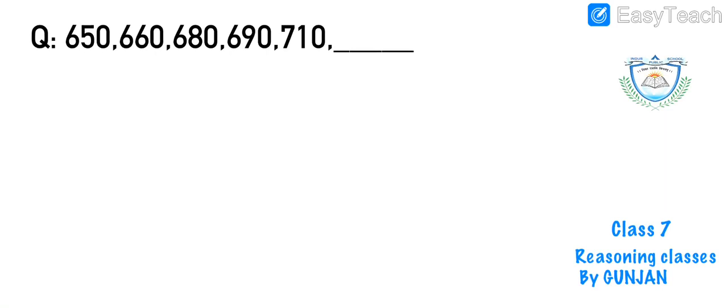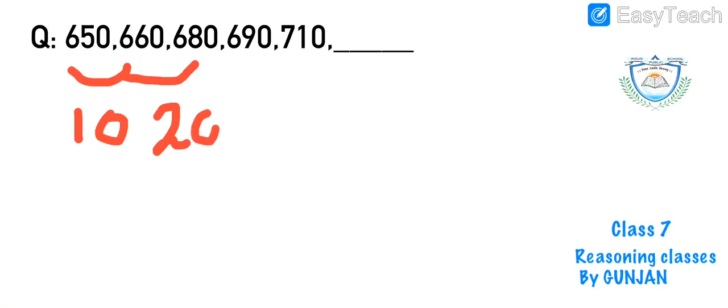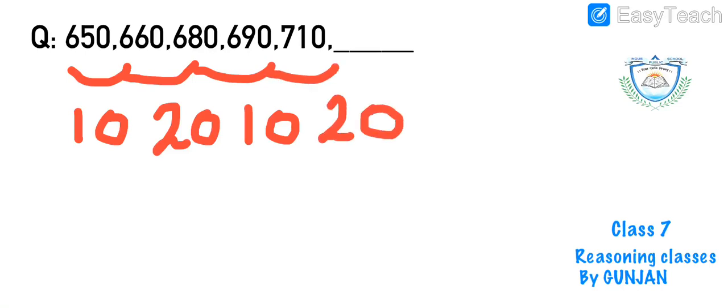Our second question is, a series written here is 650, 660, 680, 690, 710. Check the difference. Difference between 650 and 660 is 10. If I check the next difference, it will be 20. If I further go ahead, this will be 10. If I further go ahead, this is 20.